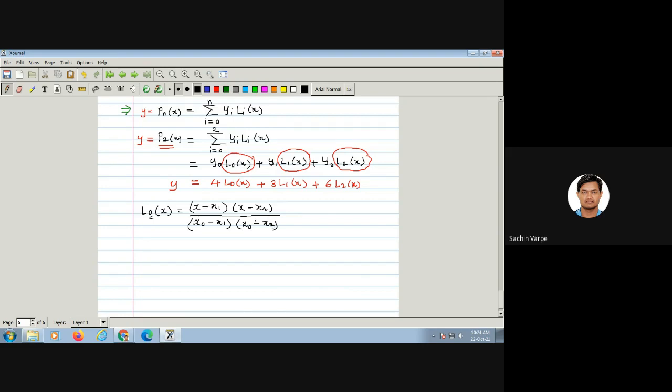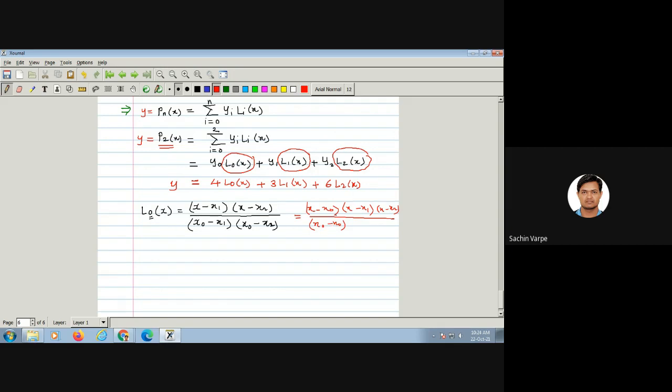Is this clear? See, if we include x minus x naught, then when we replace x by x naught in the denominator, what do we get? We get the denominator to be 0. By mistake, if we consider the x minus x naught term in the numerator along with x minus x1 and x minus x2, then when we replace x by x naught, x naught minus x naught will be 0.